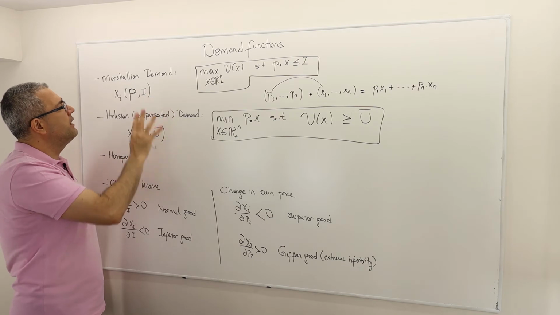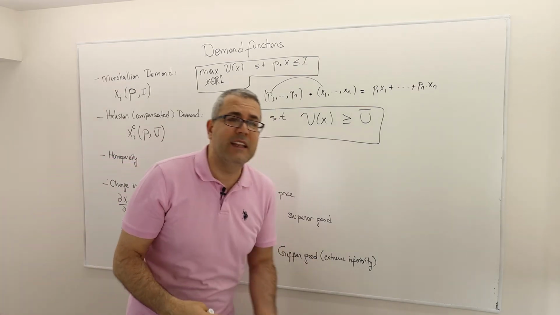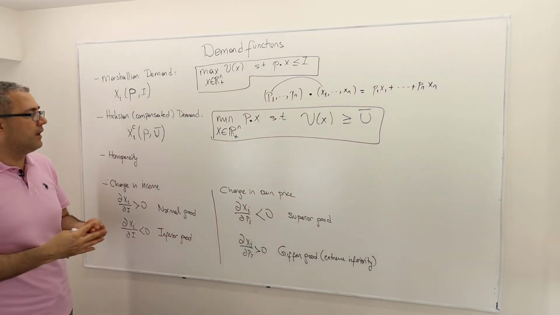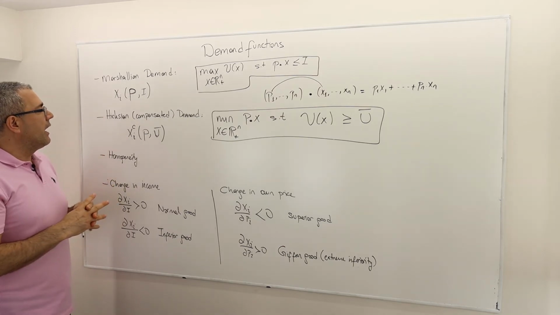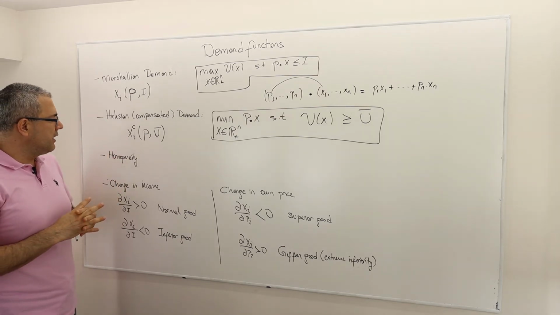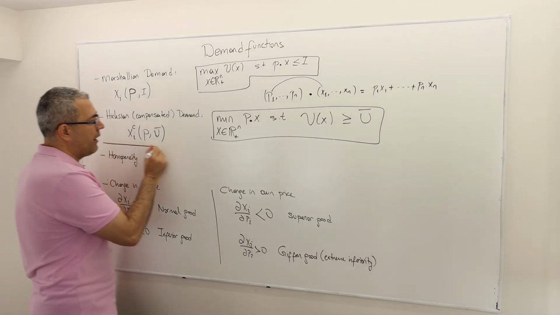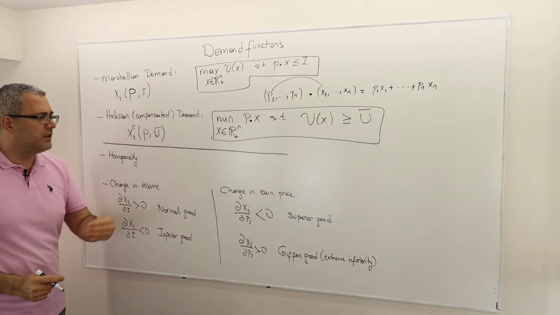But normally the Hicksian and the Marshallian demands explain different behaviors, and therefore they're going to give us different values. We're going to come back later and talk about the Hicksian and the Marshallian demands. But for now, everything I talk about is the standard demand curve, which is the Marshallian demand curve.